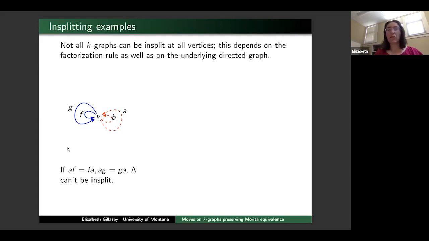So E2 is going to have to be empty, and so we can't insplit at this K-graph if we have that factorization, if we say that A and F commute and A and G commute.